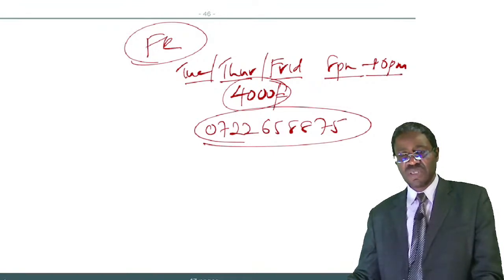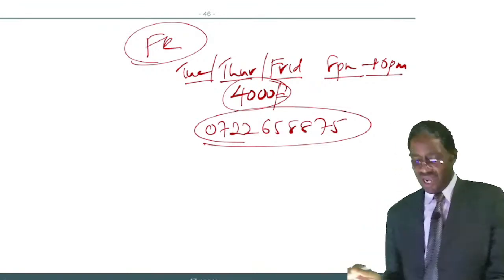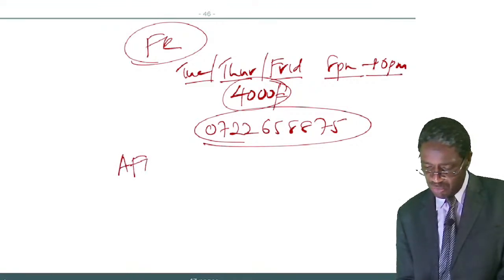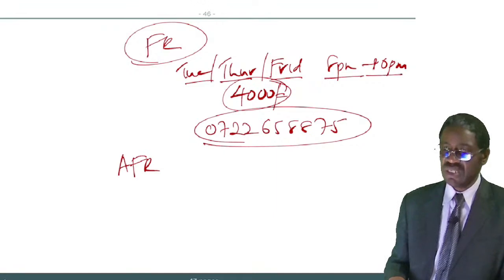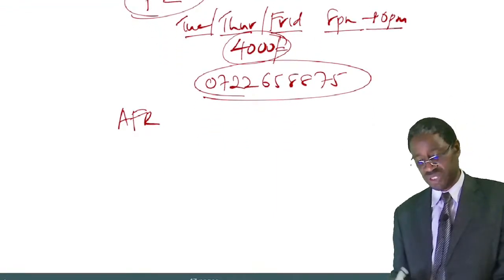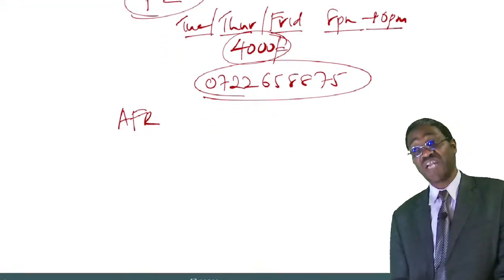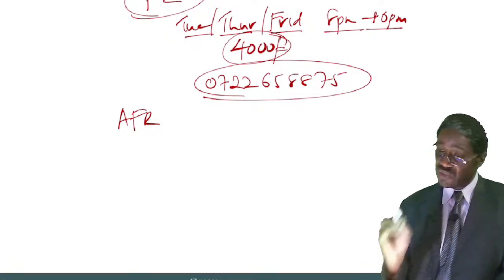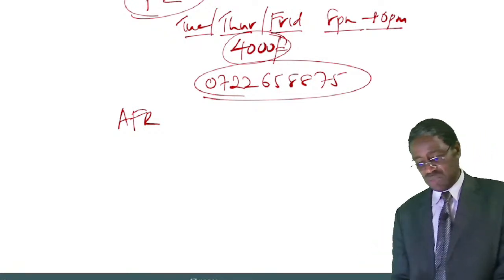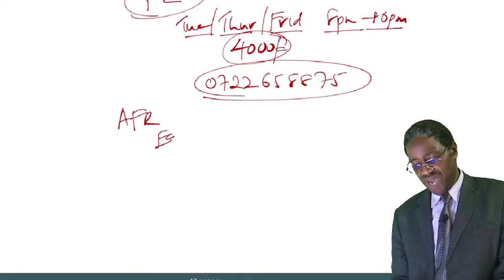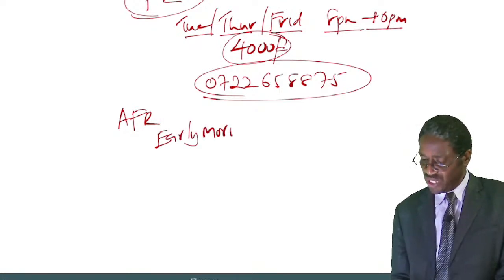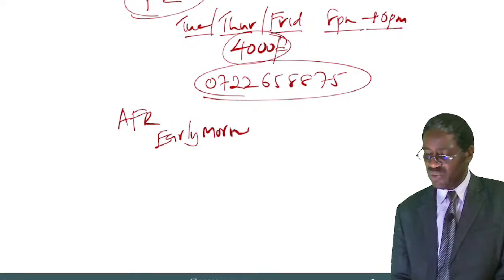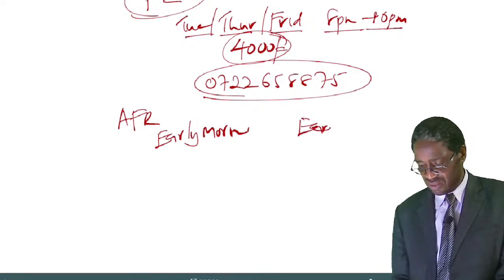Now, I also teach advanced financial reporting for your friends who are interested in the advanced level. Yours is for the intermediate. But for the advanced level, we have early morning classes and we have evening classes.